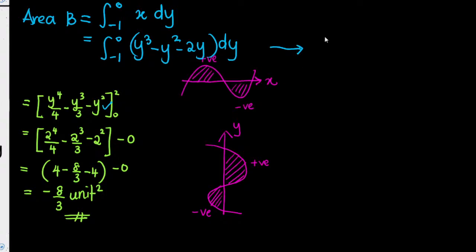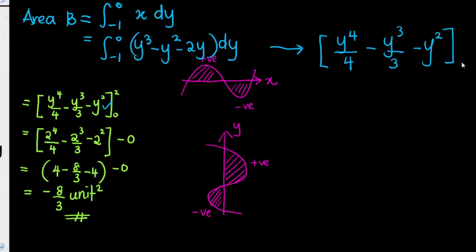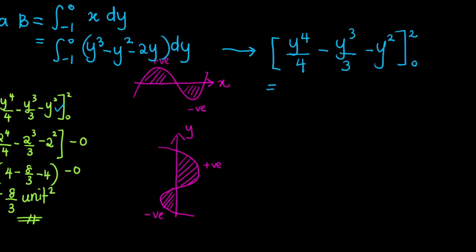So teacher is going to copy this. So y power 4 over 4 minus y power 3 over 3 minus y square. Just now the limits were 0 to 2, but now the limit is -1 to 0. So the first one we substitute 0, so we'll get 0, minus, we substitute all the -1 inside.